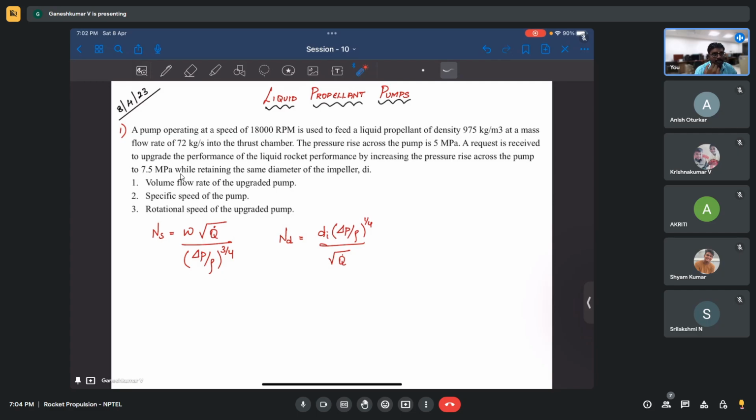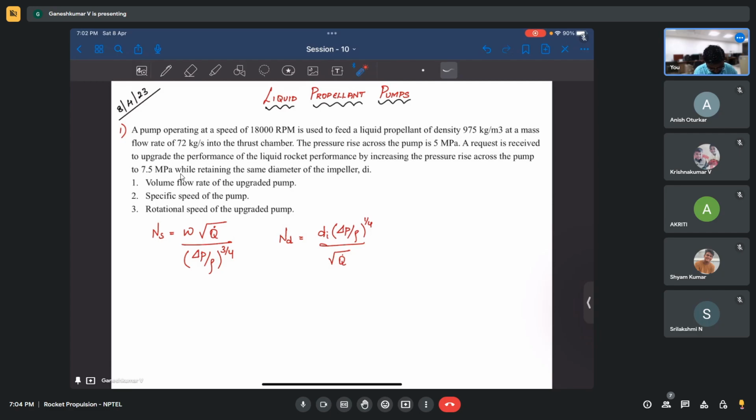So they want chamber pressure to be as high as 7.5 megapascal. If we need chamber pressure as high as 7.5 megapascal, we need to pump our liquid propellant to 7.5 megapascal. So for that, what changes we need to make in the pump is what this question is about.